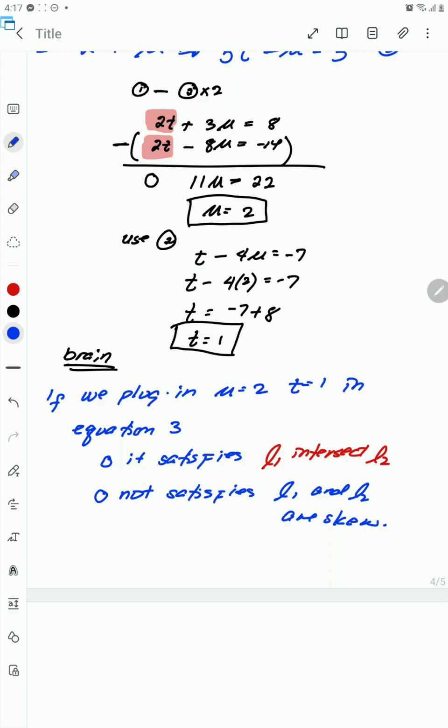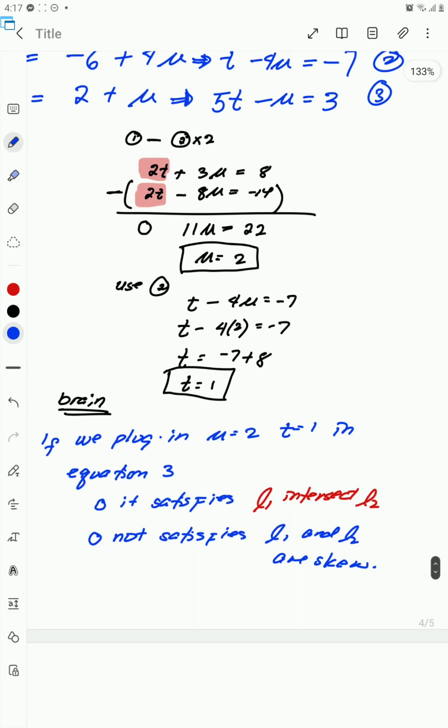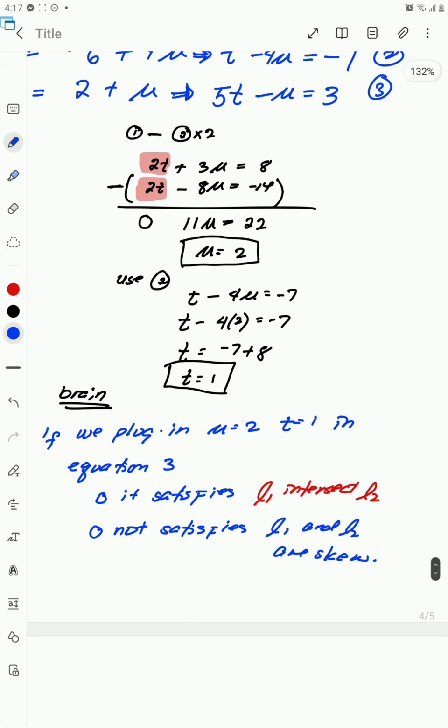So let us test that mu and the t in equation number 3. In equation 3, you have 5t minus mu is equal to your 3. If your mu is equal to 2 and your t is equal to 1, so this will be 5 times 1 minus 2 is equal to 3.